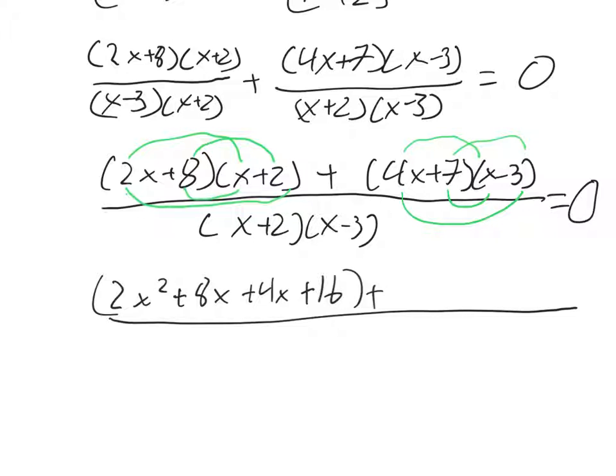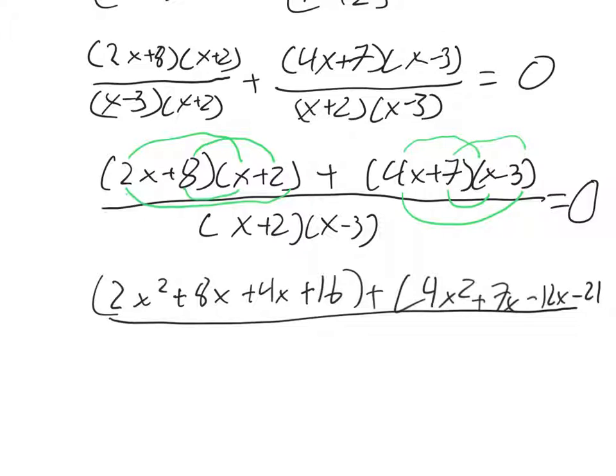So when we do the same thing as we did on the left side, that's going to end up getting us what? 4x squared from 4x and x, plus we're going to get a 7x in there. And then don't forget that this is still a minus 3, so that'll get us negative 12x. And then we've got 7 and our negative 3, which will get us negative 21.